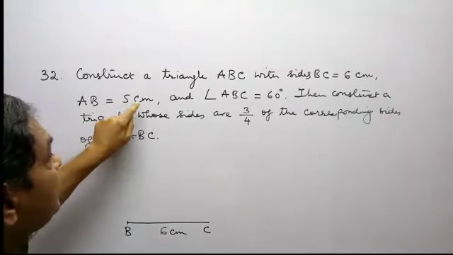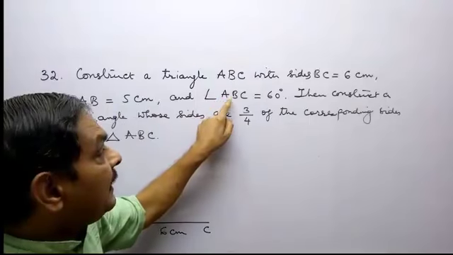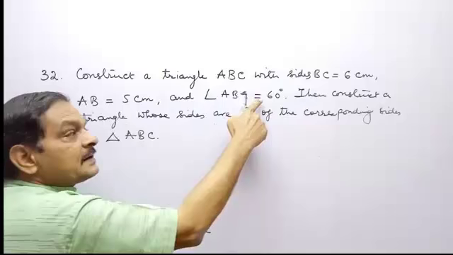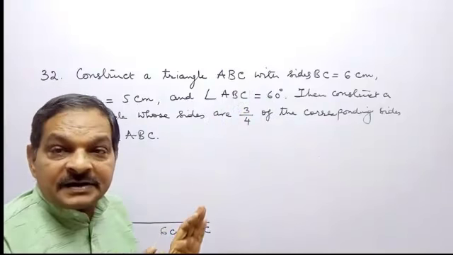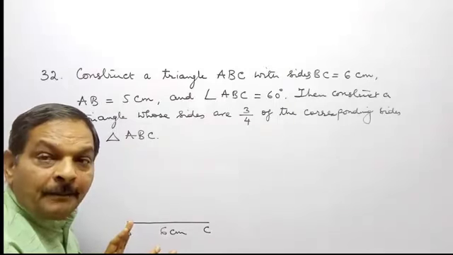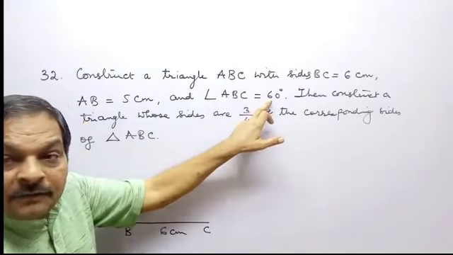Now AB is 5 cm and angle ABC is 60 degree. So then we will construct angle ABC which is given as 60 degree. For that we will make use of a compass and we can make the angle of 60 degree.